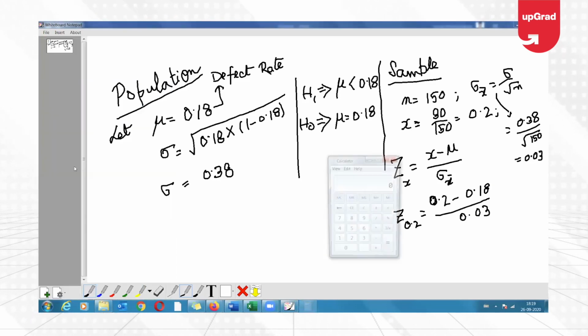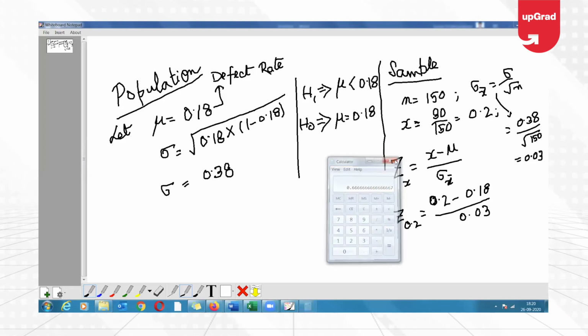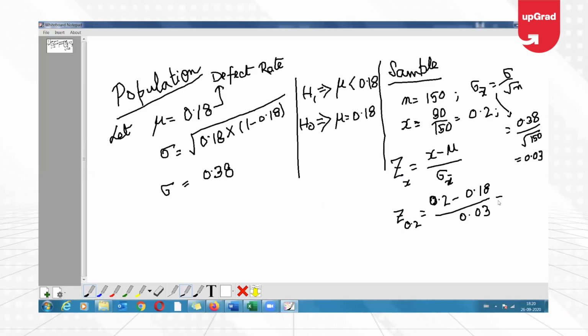So if I calculate 0.2 minus 0.18 divided by 0.03, which is 0.67. So we got a z-score of 0.67. Now from here I have to find the p-value.